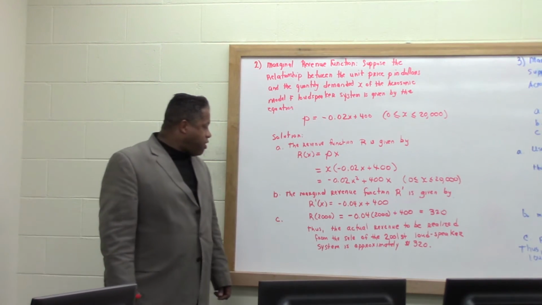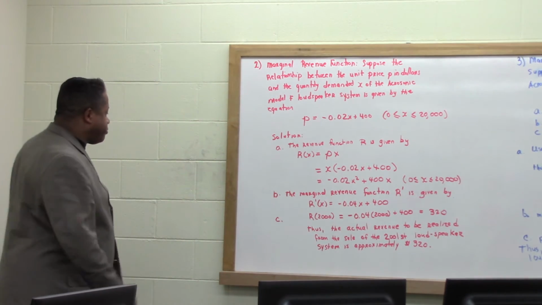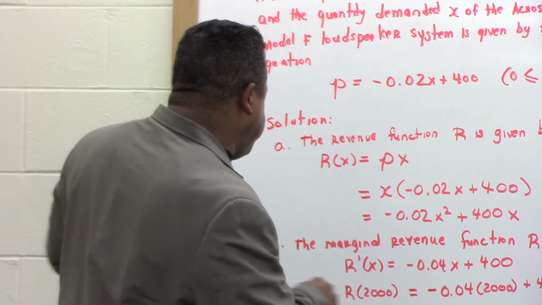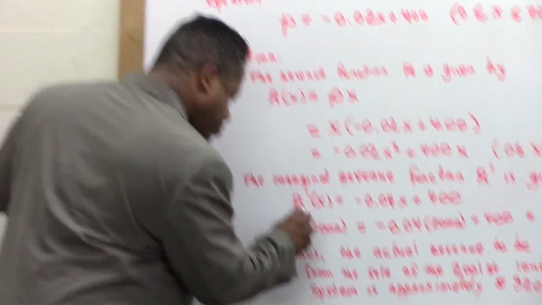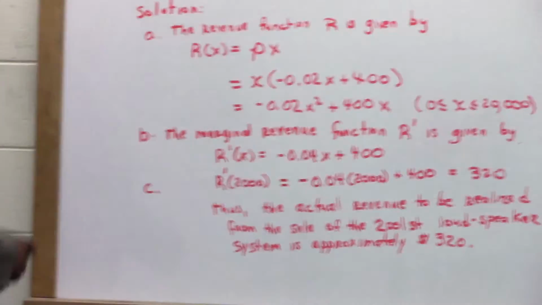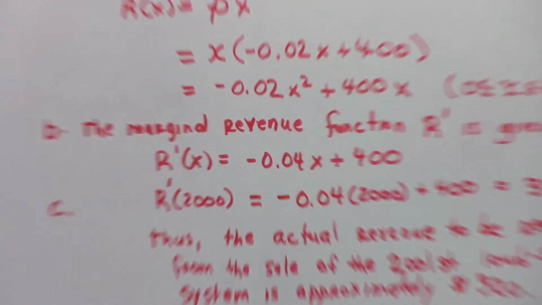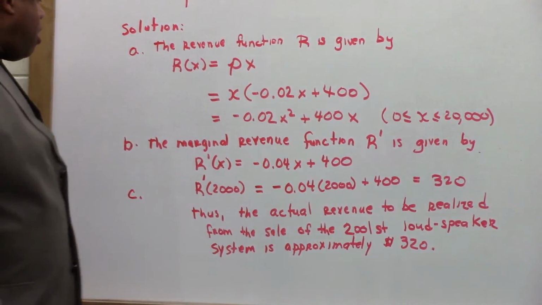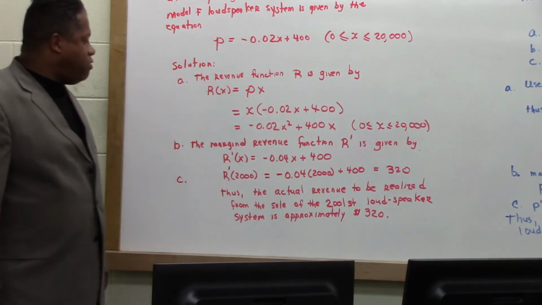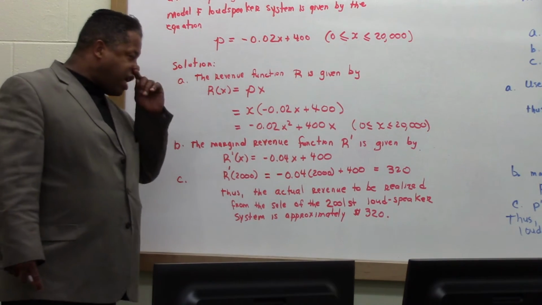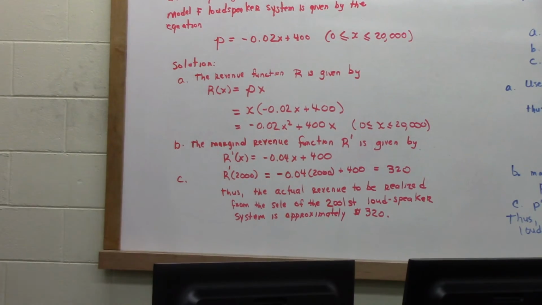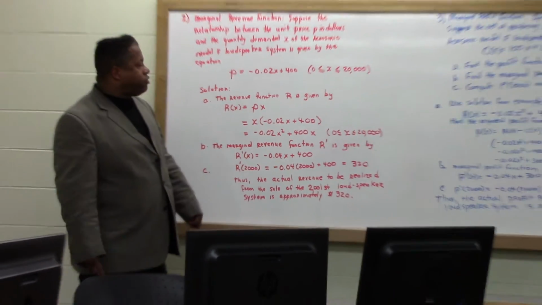Now, what is R prime at 2,000? So R prime of 2,000 is equal to negative 0.04 times 2,000 plus 400, and that's going to equal 320.